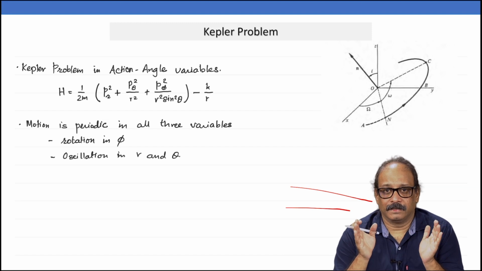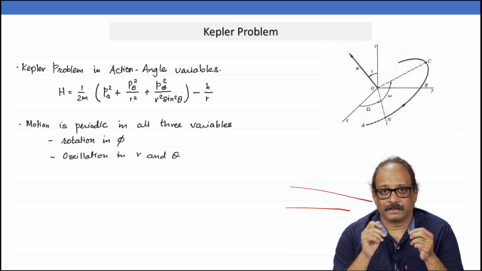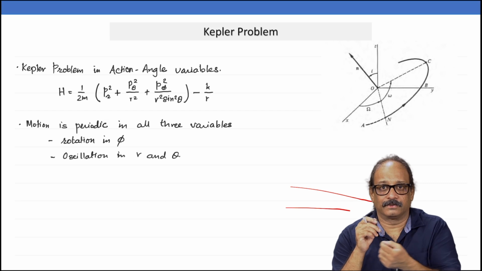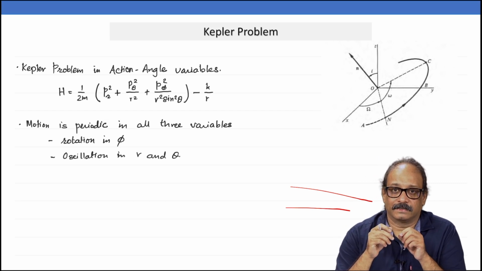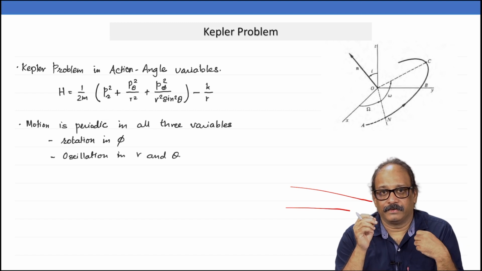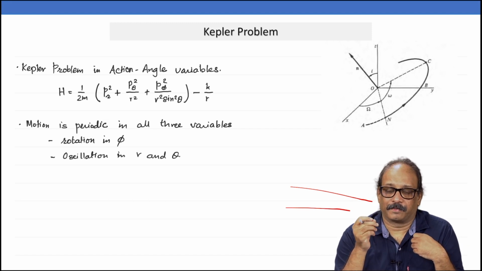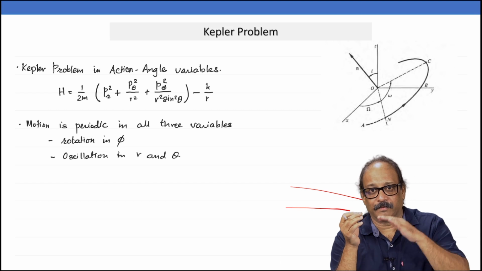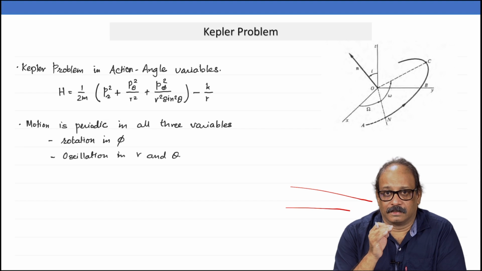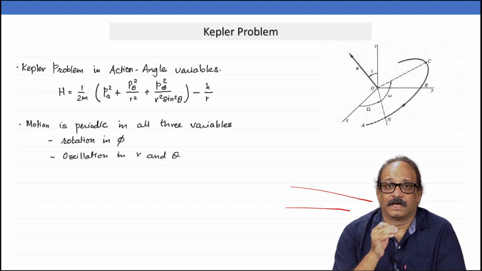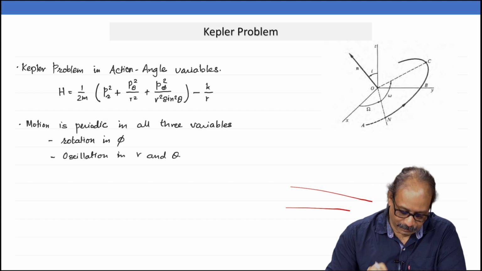Remember, there are the two turning points and your r actually oscillates between the two turning points. And what about theta? Theta too is actually oscillating between 2 points which probably are symmetrically placed above the xy plane. So, this is the idea we already have. So, we can safely use action angle variables for all 3 variables here.